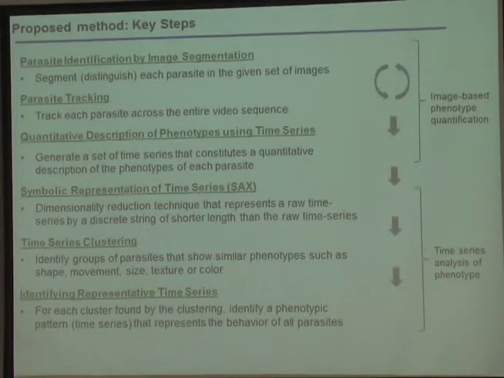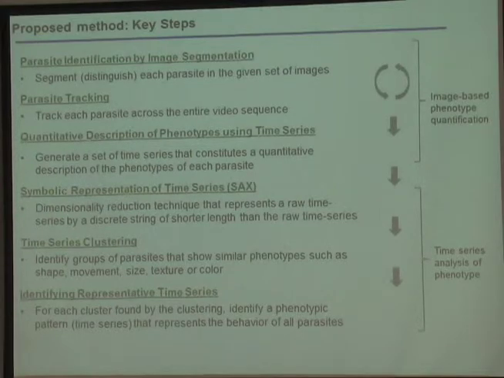So what we want to do is videotape the parasites. Then we would like to segment each parasite out from the video recording. We would like to track the parasites during the entire course of observation, be it minutes or hours or days.